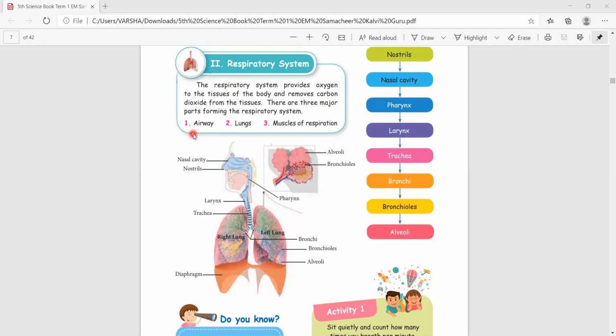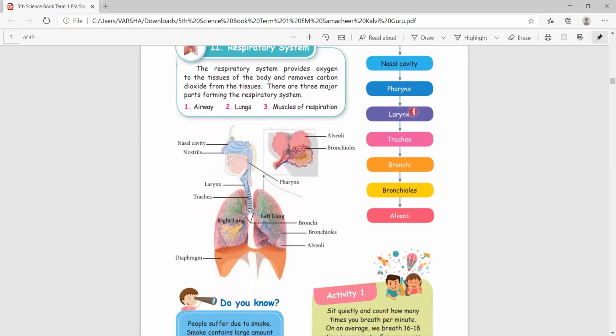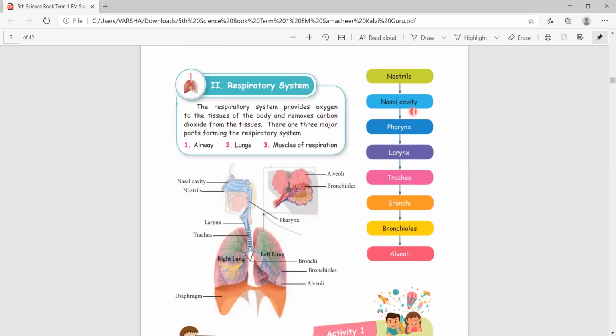Come, we can see. There are airways, lungs, and muscles of the respiratory system. We can see the full diagram, and there are many parts also: nostril, nasal cavity, pharynx, larynx, trachea, bronchi, bronchioles, alveoli.